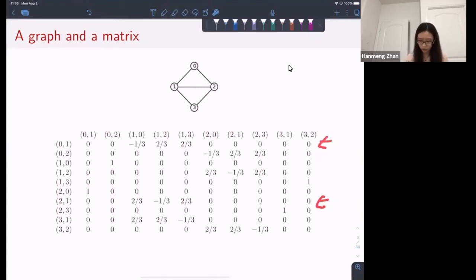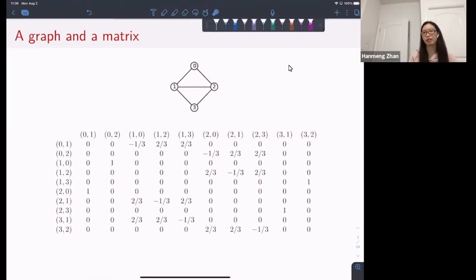So for example, if you look at these 2 rows, the inner product is minus 2 over 9, minus 2 over 9, plus 4 over 9. So this sums to 0. Okay, and you can say the same thing for every 2 columns. Next thing, compute the norm of every row, it gives you 1. So this is actually a unitary matrix indexed by the arcs of the graph. Okay, so let's move on.